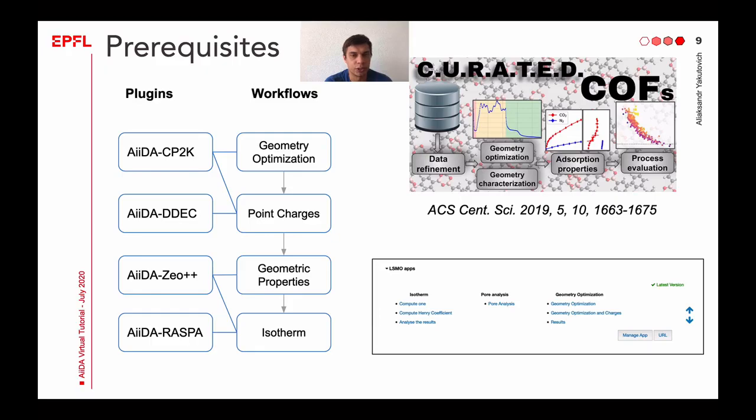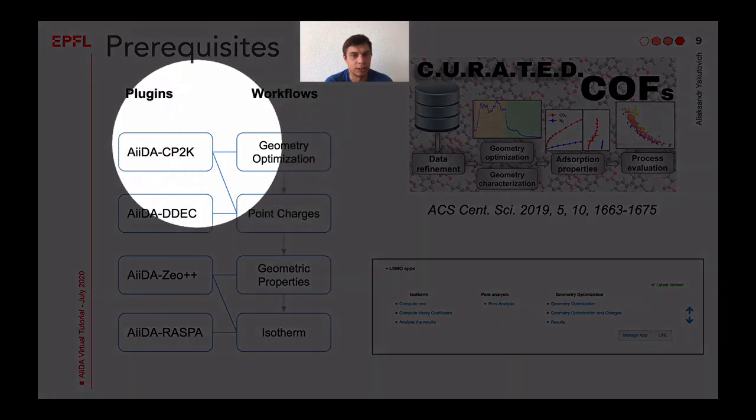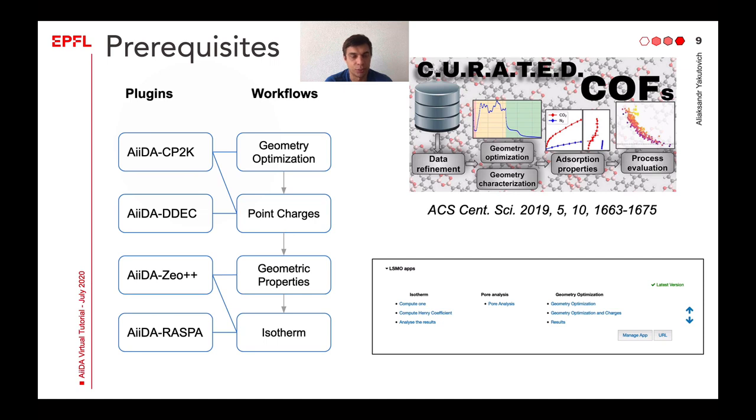So what we do, we start with the geometry optimization of a structure that is reported, let's say, experimentally. We take the zip file, we clean it so that the chemistry is correct, and then we perform geometry optimization using the CP2K package. For that, we already had the AiiDA CP2K plugin available, so we could just use it for the simulations.